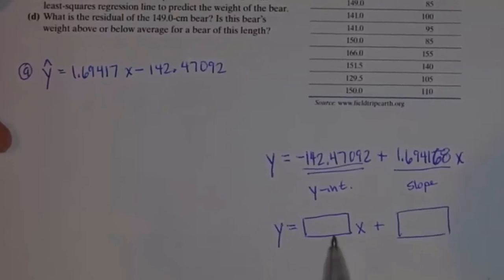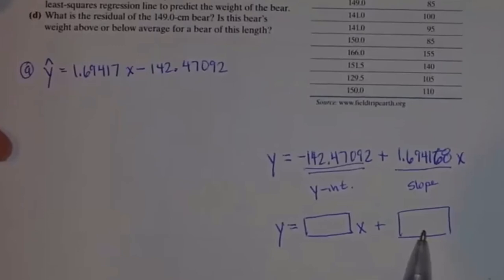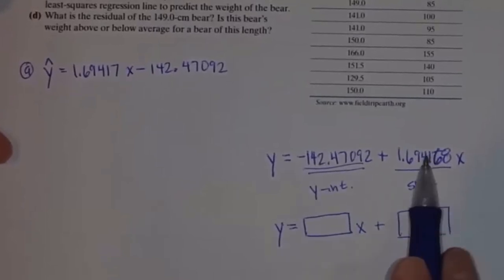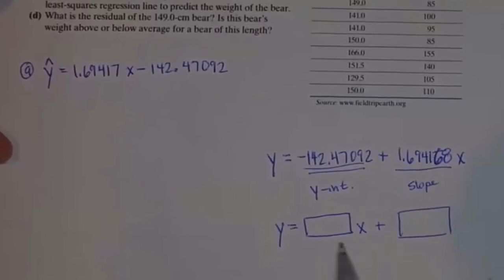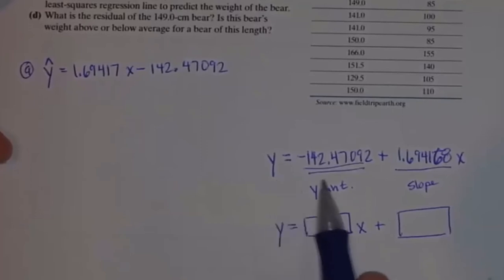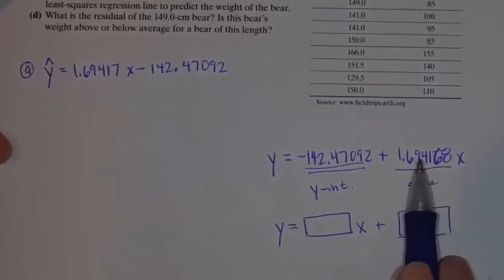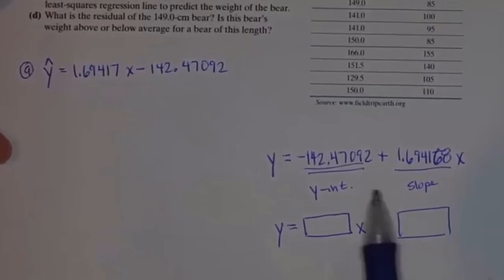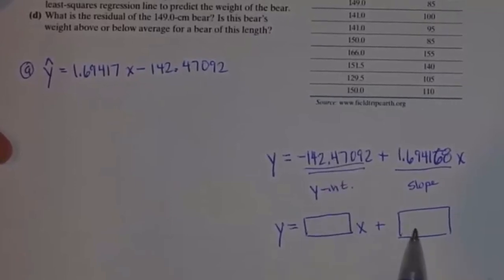So you have to fill in the slope and the y-intercept. Well, guess what people do a lot? They put this number in the slope and this number in the intercept, which is wrong. So if MyMathLab looks like this and you got this off of StatCrunch, make sure you're paying attention that this is the slope, this goes here, this is the y-intercept, this goes here.